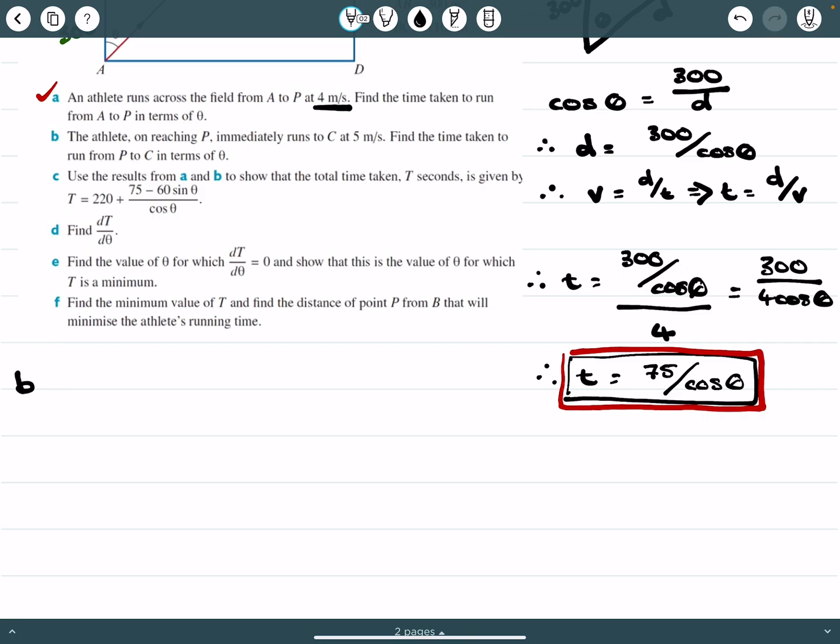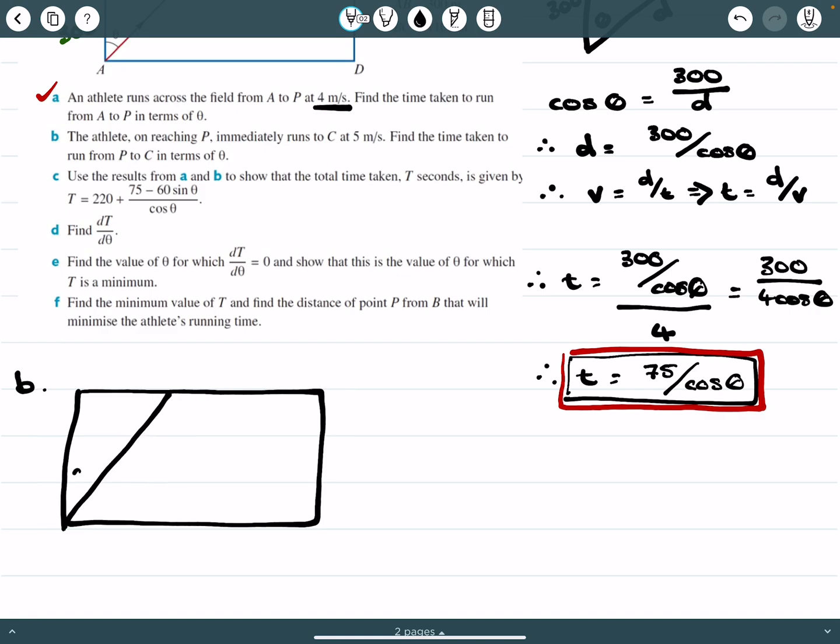What I want to do is draw the rectangle as it is, set up my triangle, theta, 300 meters. I know that that's my distance. I know that this distance along here is going to be 1100 meters.